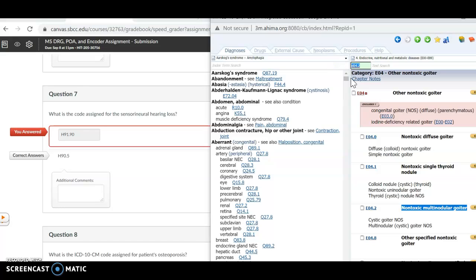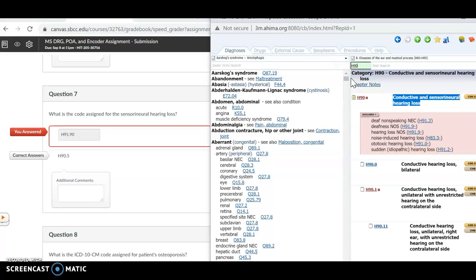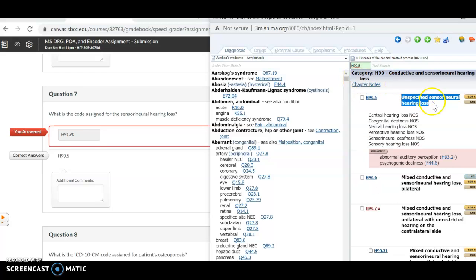We have, it should be H90.5, and that's unspecified sensorineural hearing loss. Okay, and right here is exactly what it states, completely out.